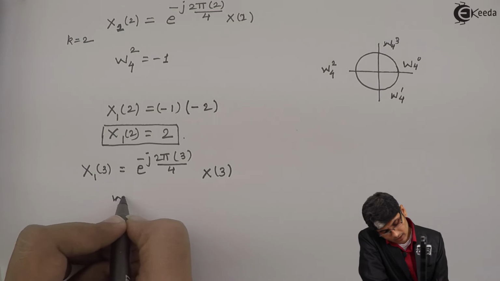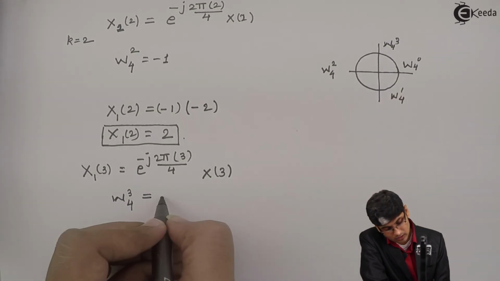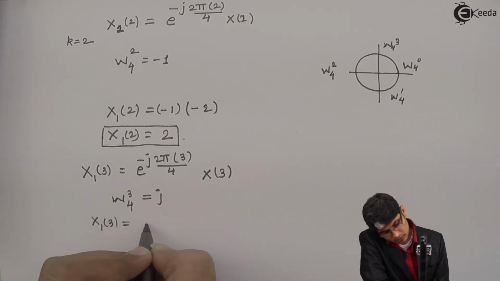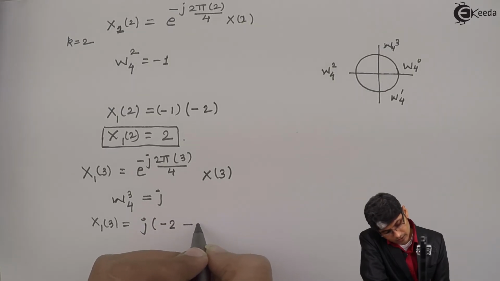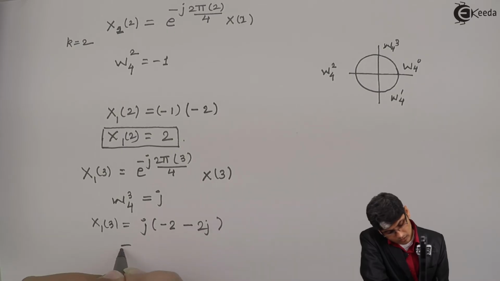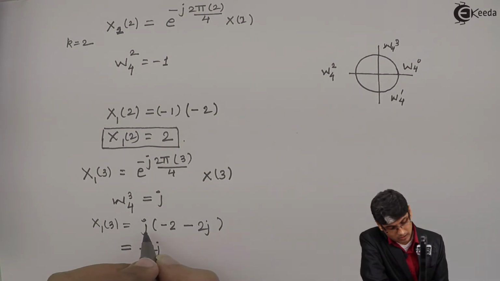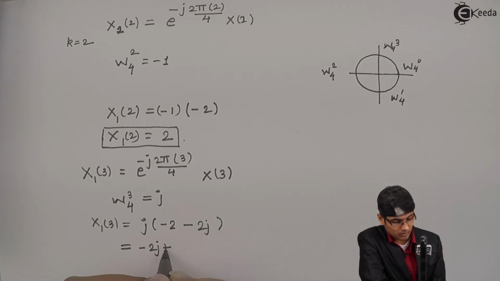Now I will have w4 raised to 3, which is nothing but j. So x1 of 3 is equal to j into, this is nothing but minus 2j. So that will give me minus 2j, and j into j is j square, which is minus 1, and it will become plus 2.